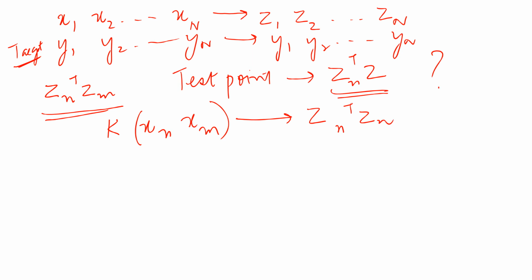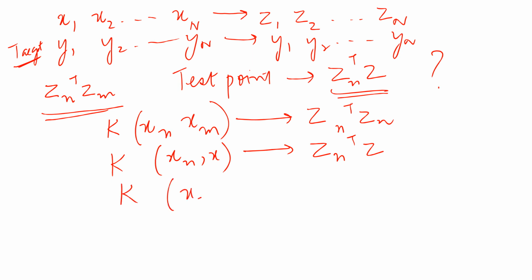Similarly, my kernel for xn and the test point will compute this dot product as well, and my kernel for xn, xs will compute the dot product for zn and zs. What does this mean? Basically, what I'm saying is that you give me a function that can produce the same dot product as the one in my Z space.